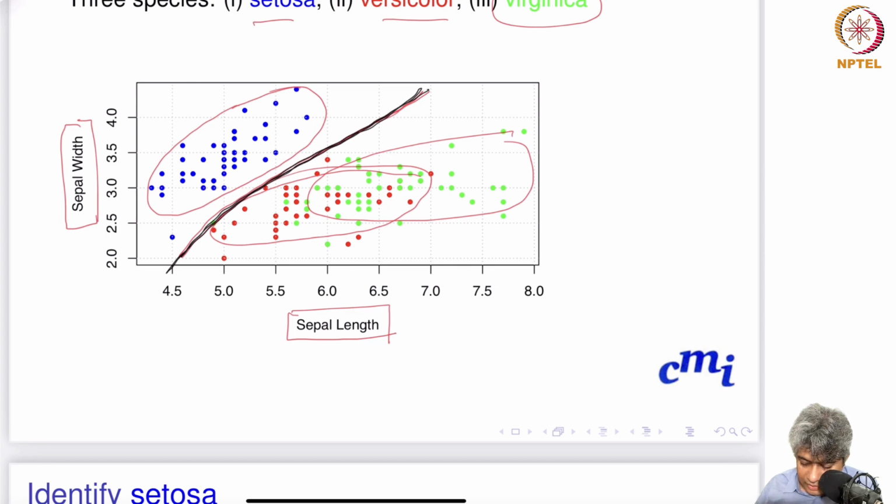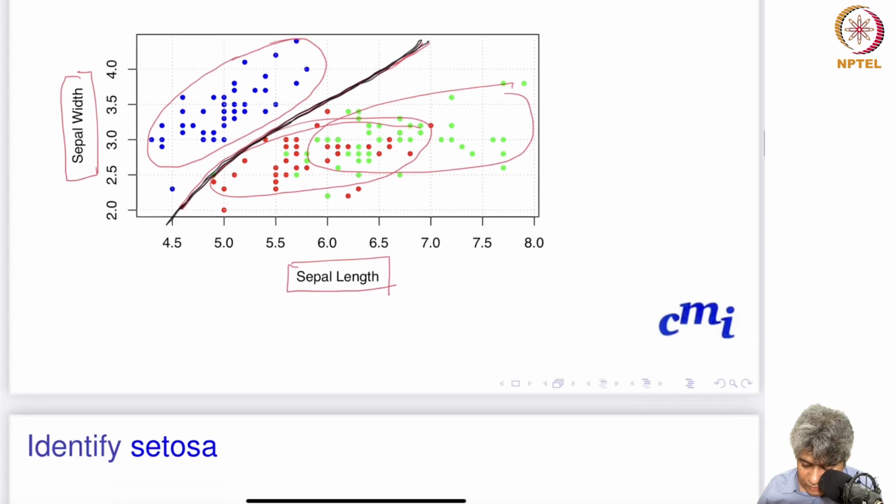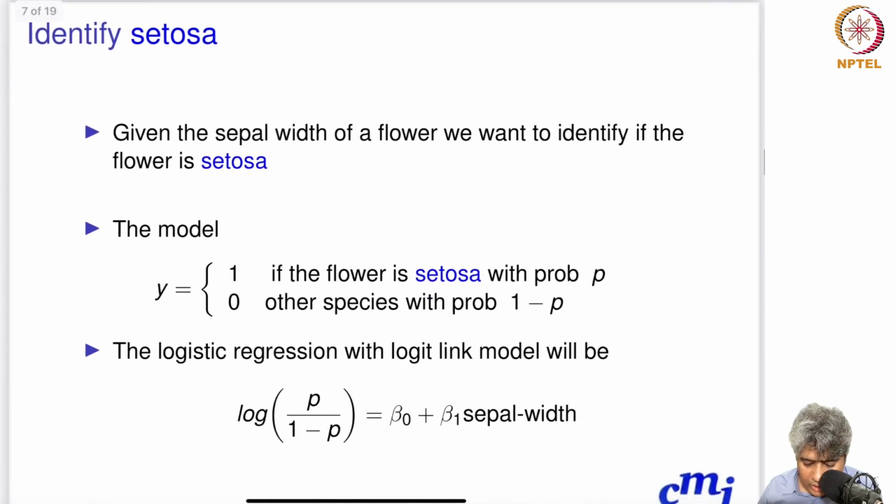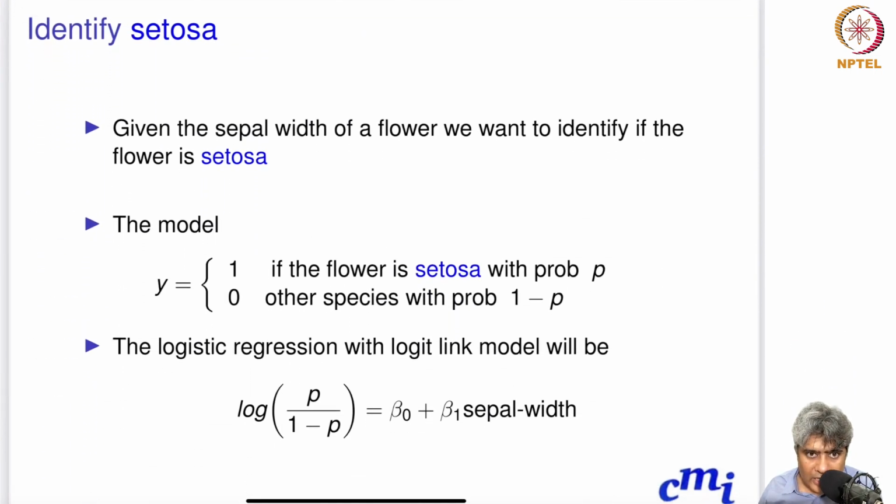If I have to identify setosa, all you have to do is set up that boundary. I'm taking the easier problem in this case, obviously, but from an understanding point of view, how it works will be easier if you start with the easy problem and then move on to the difficult problem.